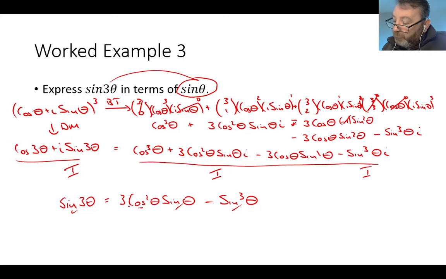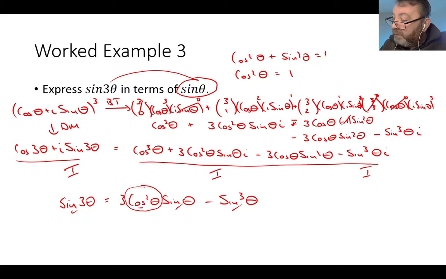So what I've got to do is I've got to remember that cos squared theta is part of the fundamental trigonometrical identity. Cos squared theta plus sine squared theta is equal to 1, which simply means that cos squared theta is equal to 1 minus sine squared theta.